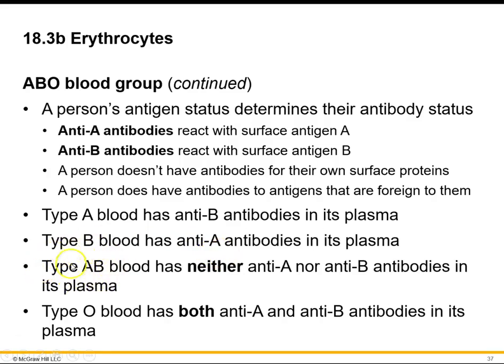If you are type AB, you are going to produce neither anti-A or anti-B antibodies. That should make sense because you have antigen A and antigen B on your cell surfaces. You don't want to destroy them with anti-A and anti-B antibodies. Finally, if you're like me and you're type O, you have neither antigen, but you make antibodies to both A and B antigens. So you have both types of antibodies circulating in your plasma.